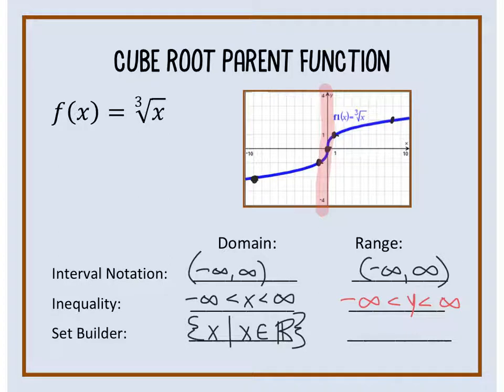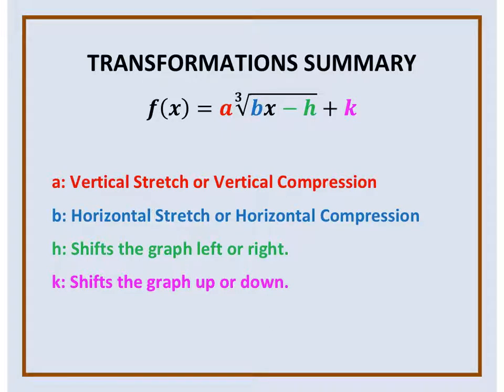And in set builder notation, we're going to do the curly bracket, and we're going to write y such that y is an element of all real numbers. So that's what the parent function looks like. So domain and range for a cube root function are always going to be all real numbers, or -infinity to infinity.